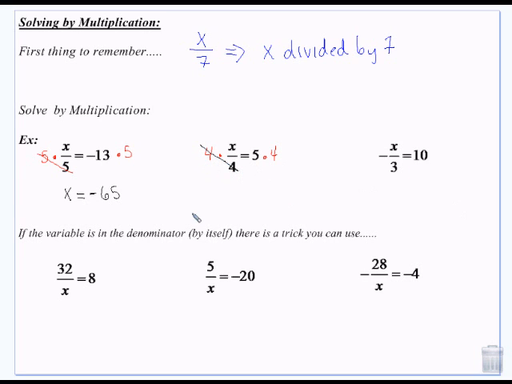Those will cancel, and I get x is equal to 20. If I have a negative out front, like this, multiply both sides by -3, because that takes care of the negative and the 3 at the same time. And I get x is equal to -30.